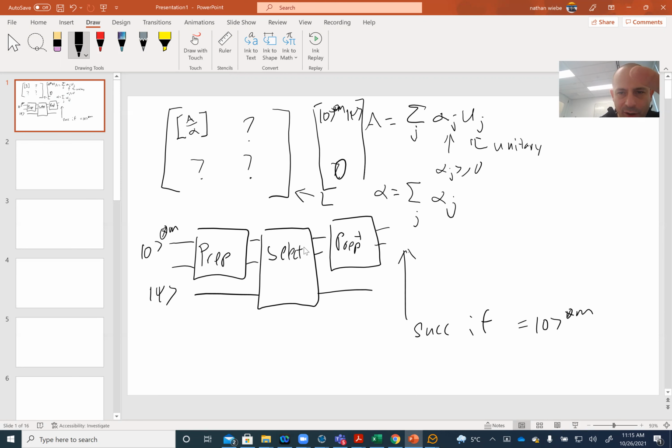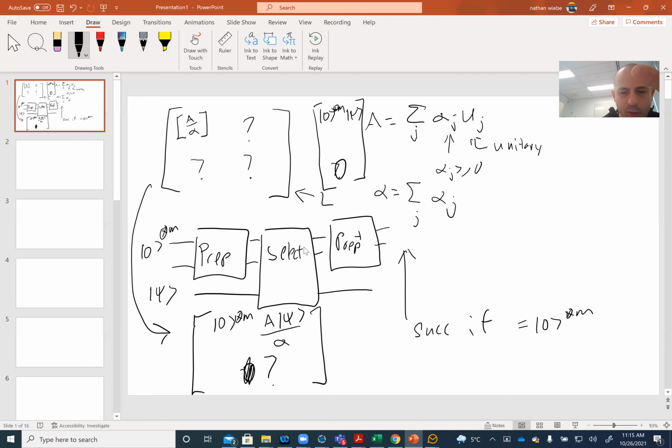Then the block vector that we end up getting out of this will be 0 tensor m, A psi over alpha. Well, actually, this isn't necessarily 0. This is a question mark. We haven't worked that out.